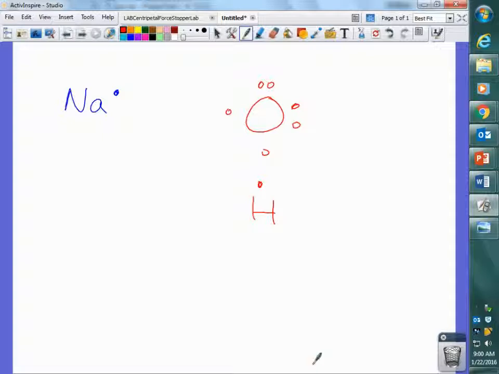Well, what are oxygen and hydrogen both looking to do? Gain electrons, right? What kind of bond forms when 2 atoms are looking to gain electrons? Covalent bond, right? Okay, so this is going to happen first. Well, maybe not, but let's just go with this for now. So we got a covalent bond there.